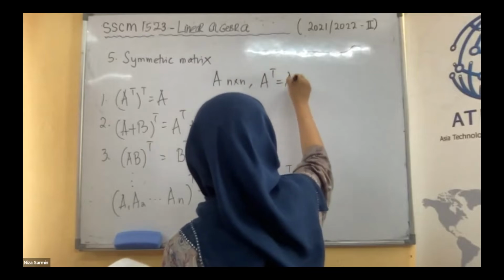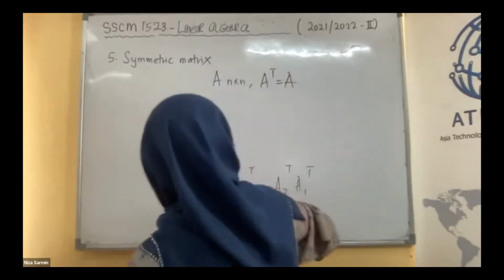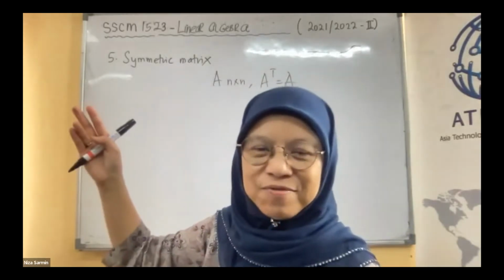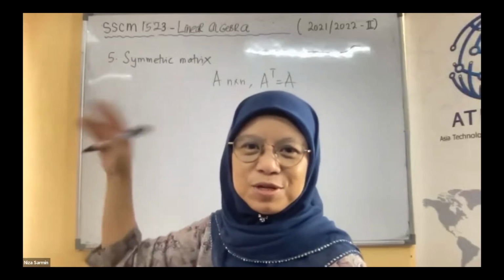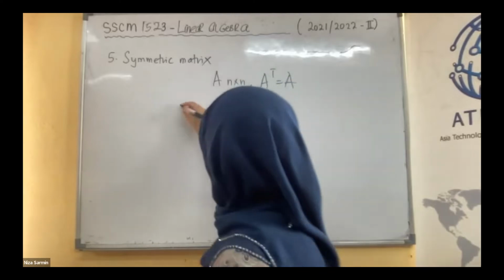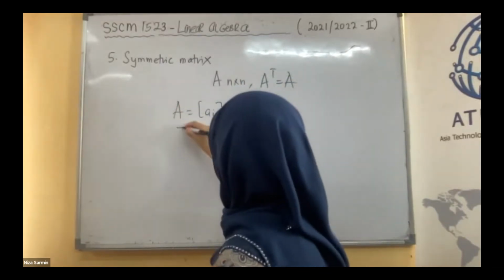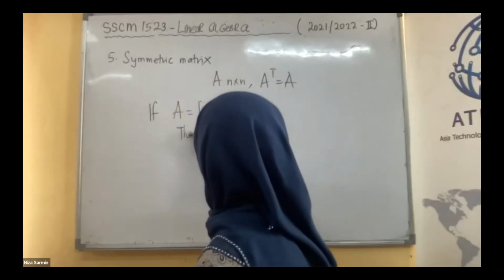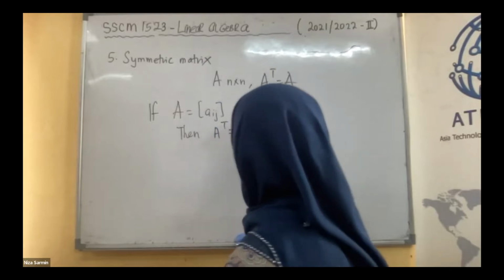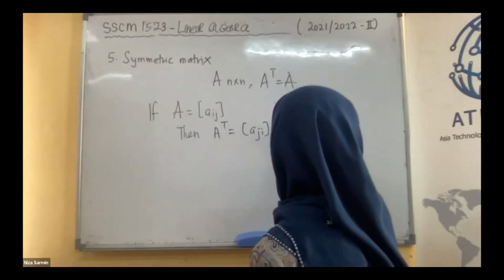A transpose is A. Meaning, the first row has to be the same as the first column, right? The second row has to be the same as the second column. So if you write A is Aij, then A transpose has to be equal to A.